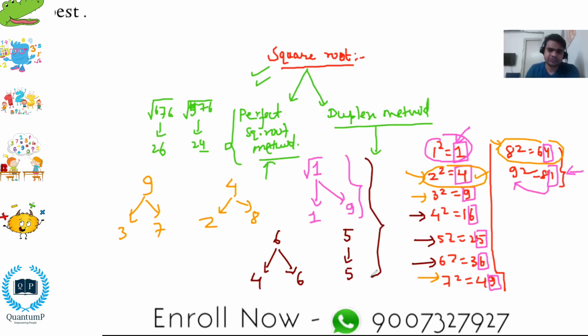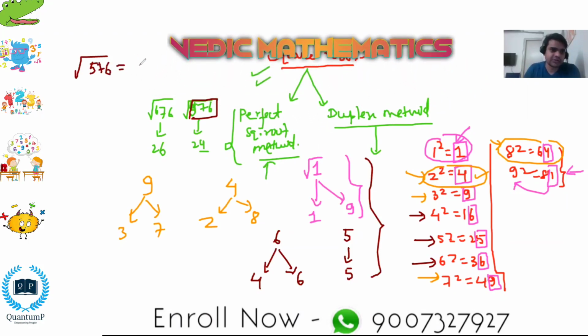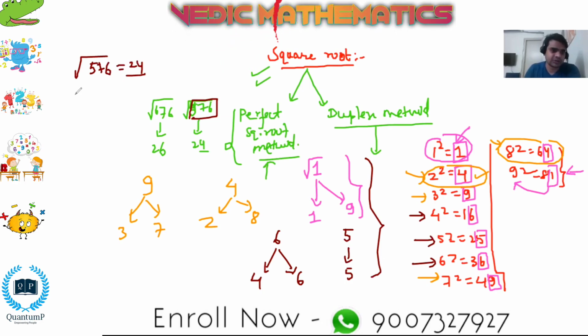As I said, the root of 576 is equal to 24. Let's see how. We'll write 576 and first make pairs of two digits. The first pair is 76 and the second pair is 5. Always remember, in the Vedic maths method, pairing is always done from the right side.